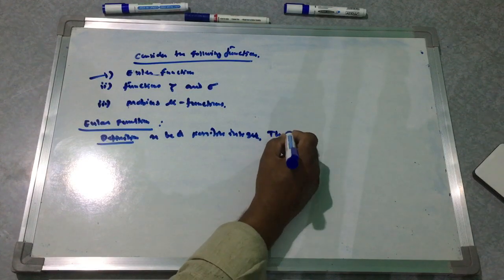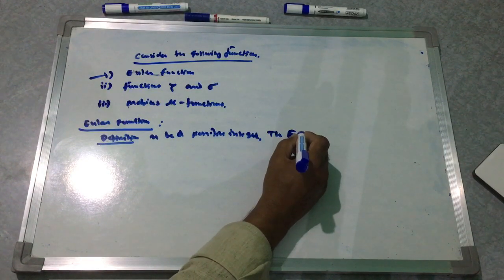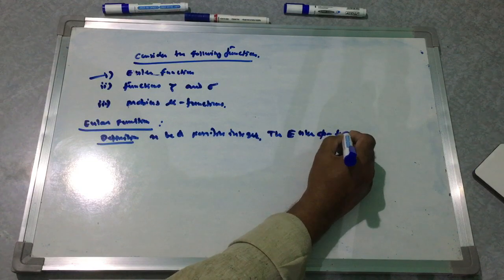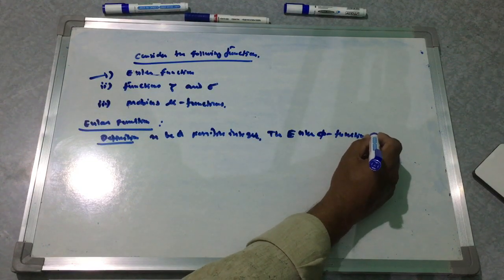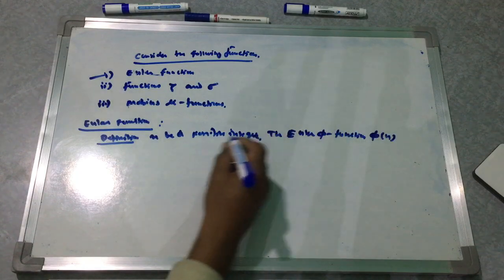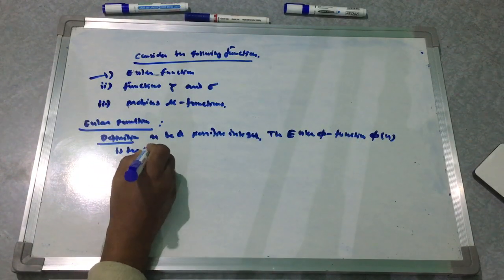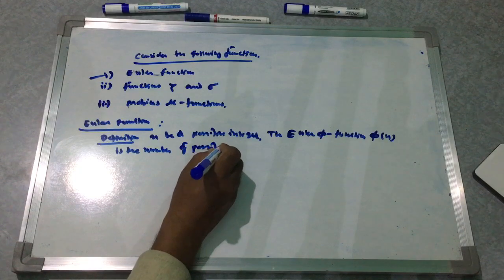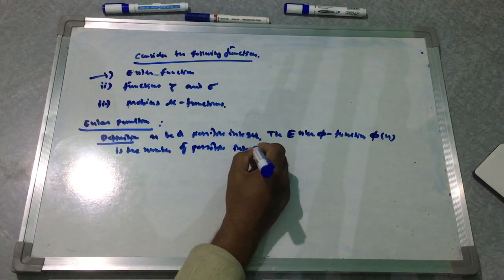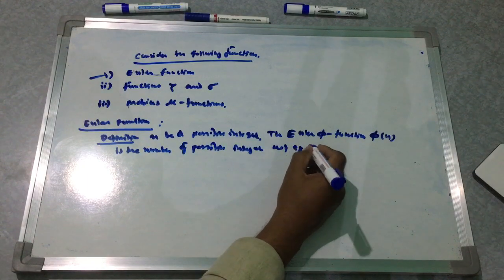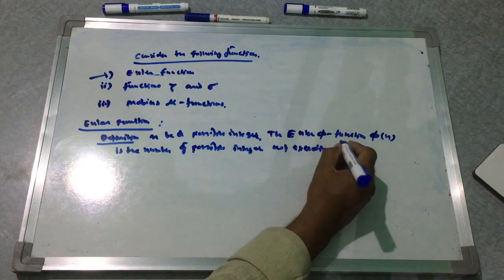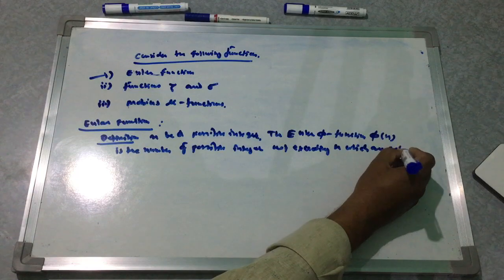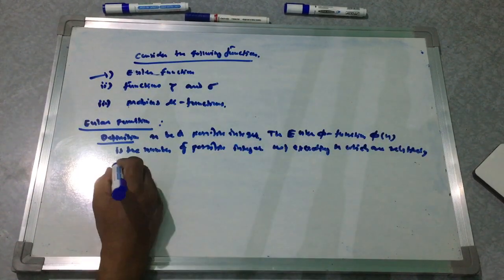The Euler function phi of n is the number of positive integers not exceeding n which are relatively prime to n.